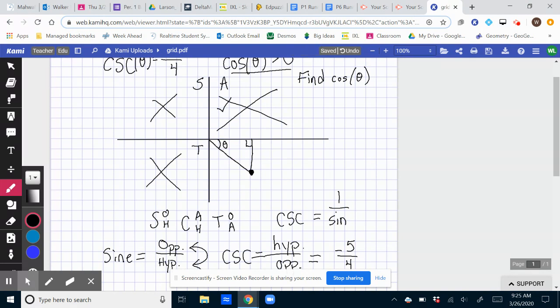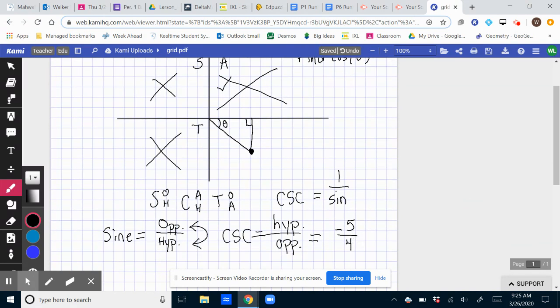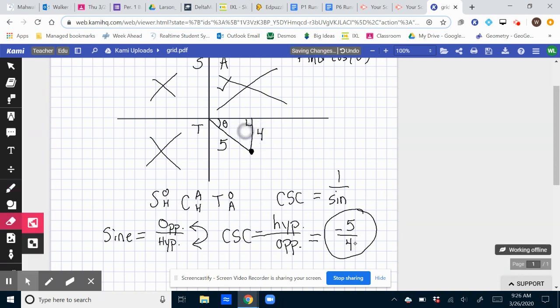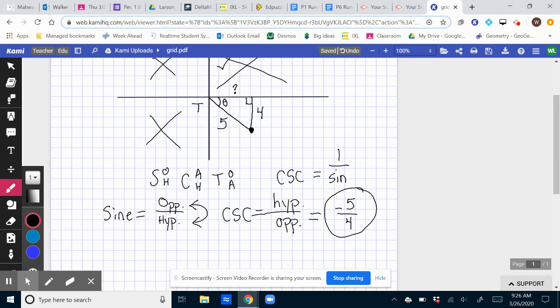Based on that angle being theta, the hypotenuse is 5, and the opposite of theta is 4. Really, in this case, it's a -4 because it's down. Now you need to figure out the one missing length in that triangle, which is the adjacent to theta.